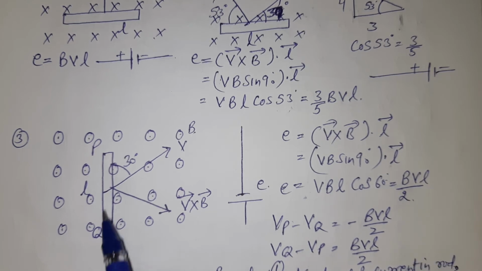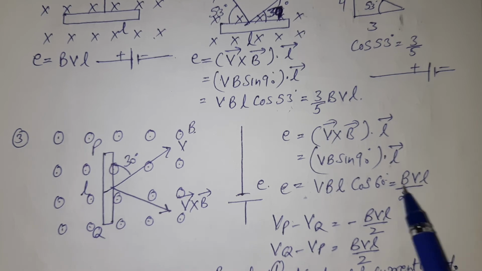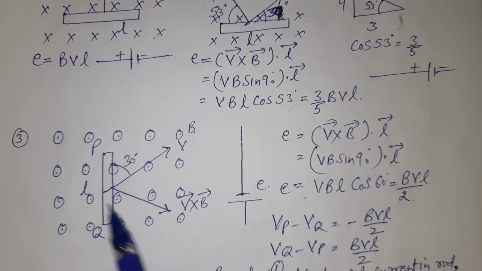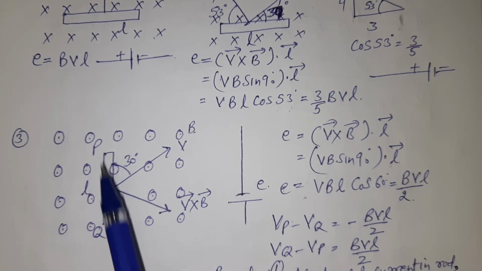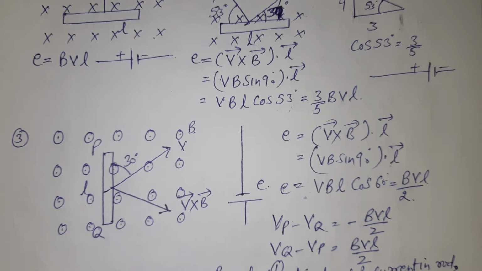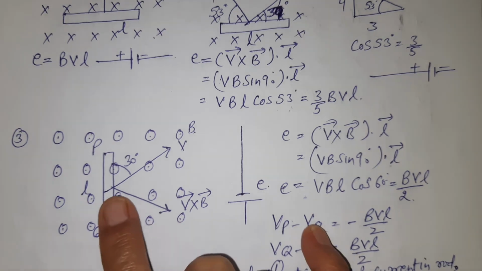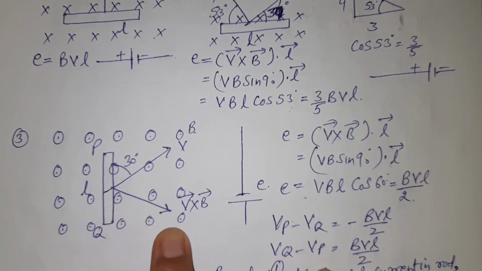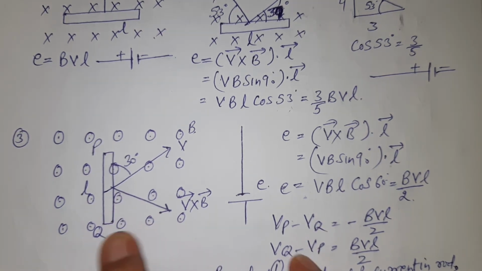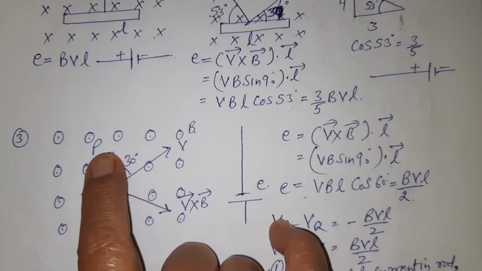Now we have to find the potential difference between P and Q. Induced EMF is BVL by 2. Now we have to find whether this side is positive or this side is positive. The direction of V cross B is this side, and where V cross B points, there is positive. So this side is positive and this side is negative.